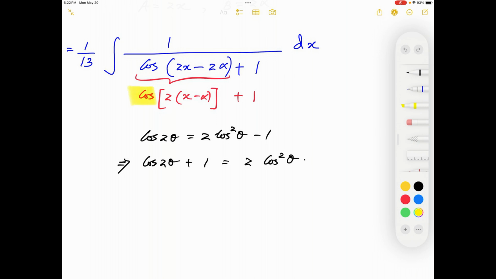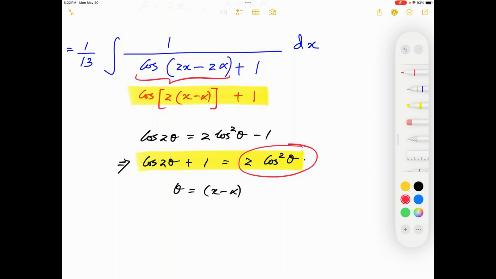Well, the denominator right here is exactly similar to the left hand side of the identity, with 2 theta being equal to 2 times x minus alpha, which means our theta should be equal to x minus alpha. Well, I'm going to replace all of this highlighted denominator by the right hand side of this identity with theta being equal to x minus alpha.